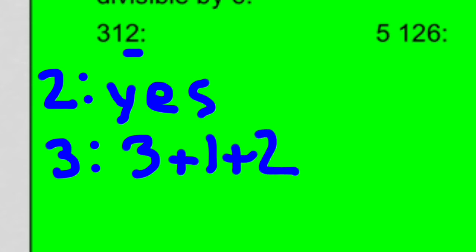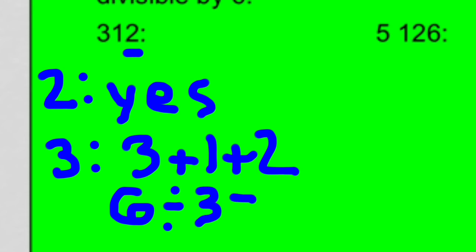To do divisibility by 3, we have to add up the digits. 3 plus 1 plus 2. Well, that adds up to 6. And then we check if that digit sum is divisible by 3. So we'll do 6 divided by 3, and that equals 2.